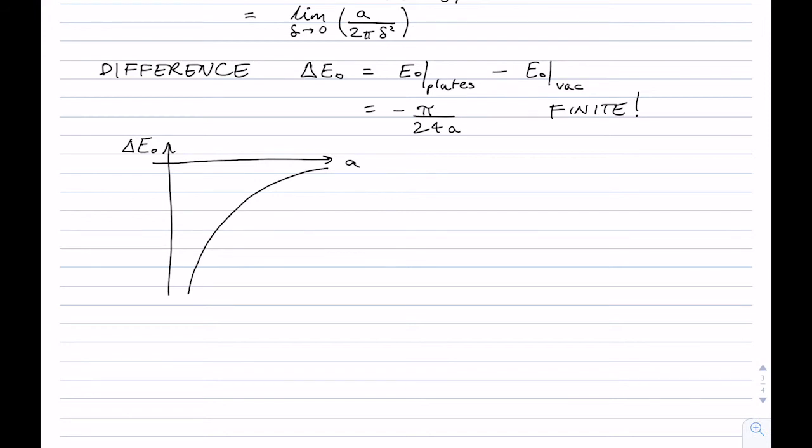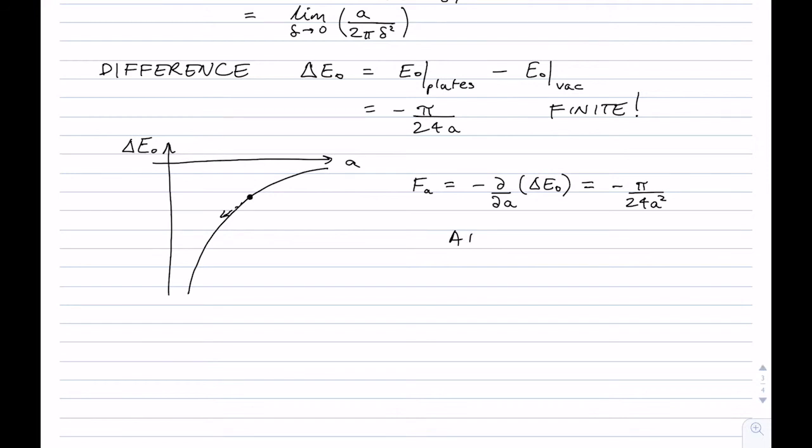So if you have the plates at some point, you can see that there's some force in that direction, making the plates go closer together. And you'd write that the force F_a equals minus the derivative with respect to a of delta E naught, which equals minus pi over 24a squared.